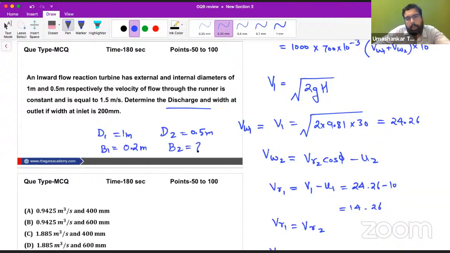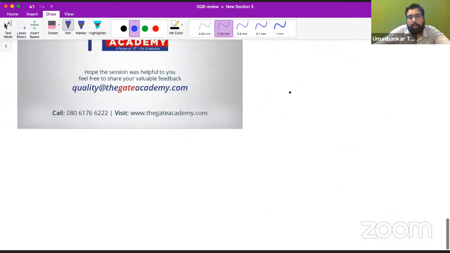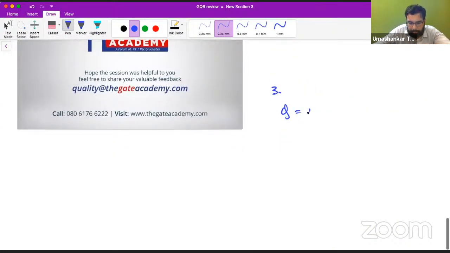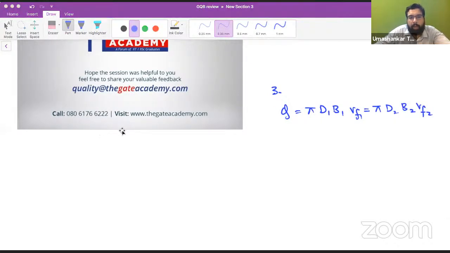So B2 is not given. For the third question, we know discharge is pi D1 B1 VF1 is equal to pi D2 B2 VF2, for an inward flow reaction turbine.